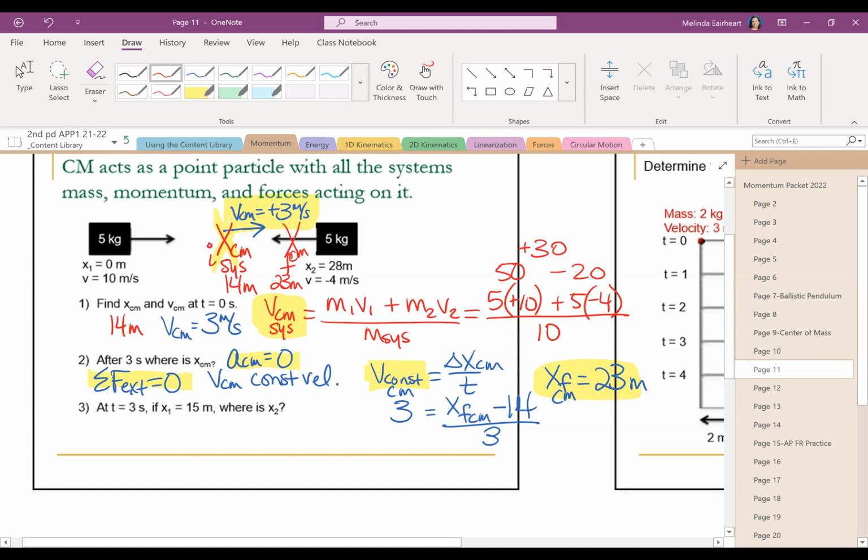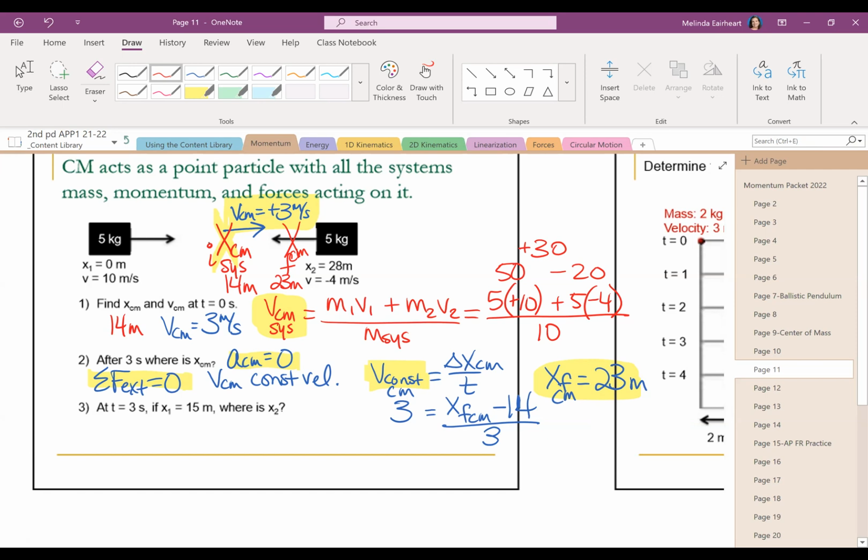Now, we don't know if the collision has occurred or not. At that same 3 seconds, so 3 seconds have passed, if your first object is at the 15 meter mark, where is your second object?